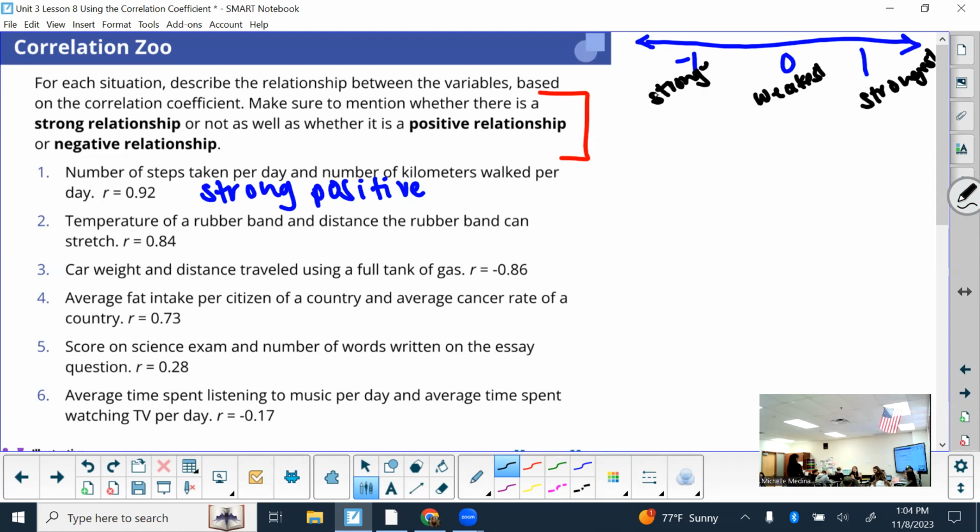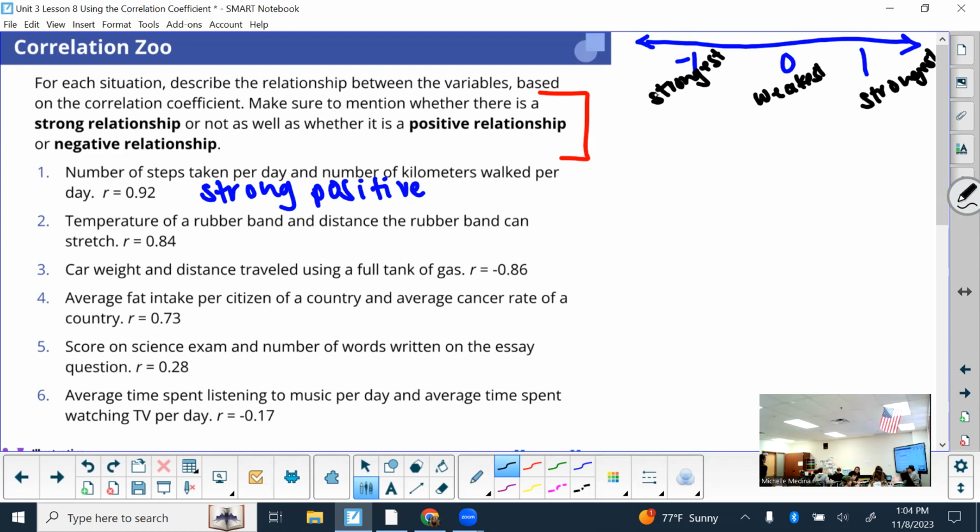The sign itself just tells you if the R value is positive or negative. All right, so now whoever spoke for your group most recently, go 1 to the right.